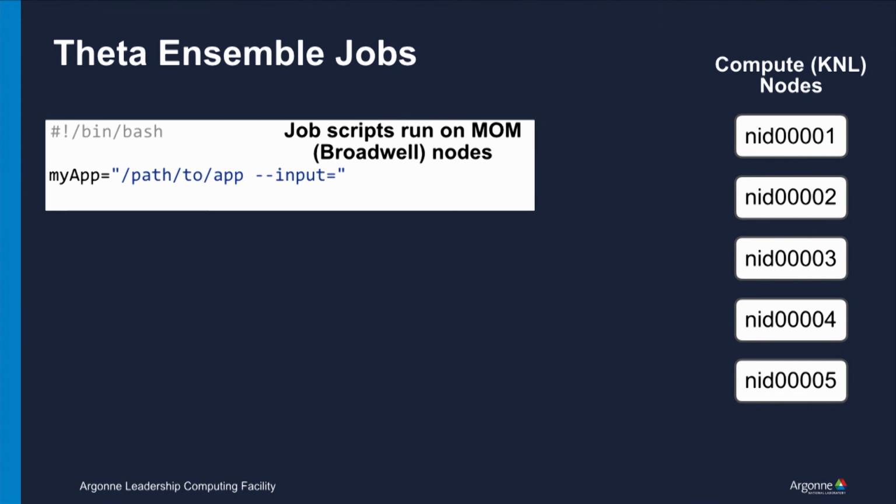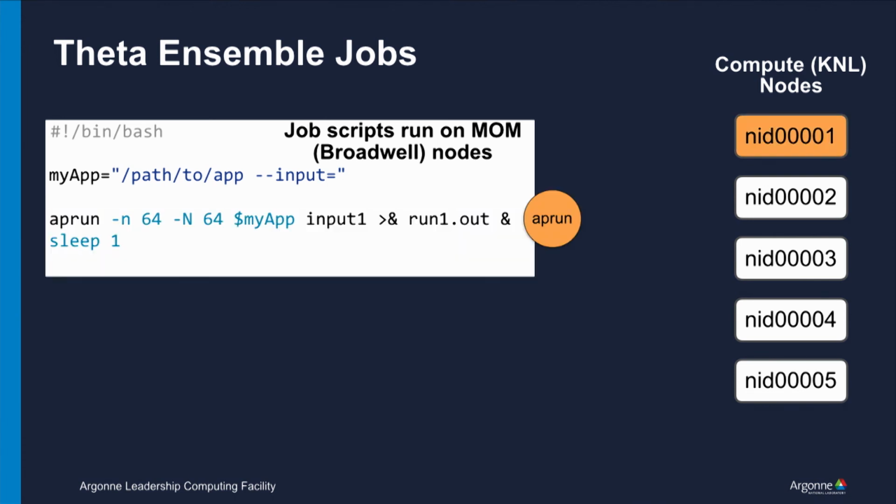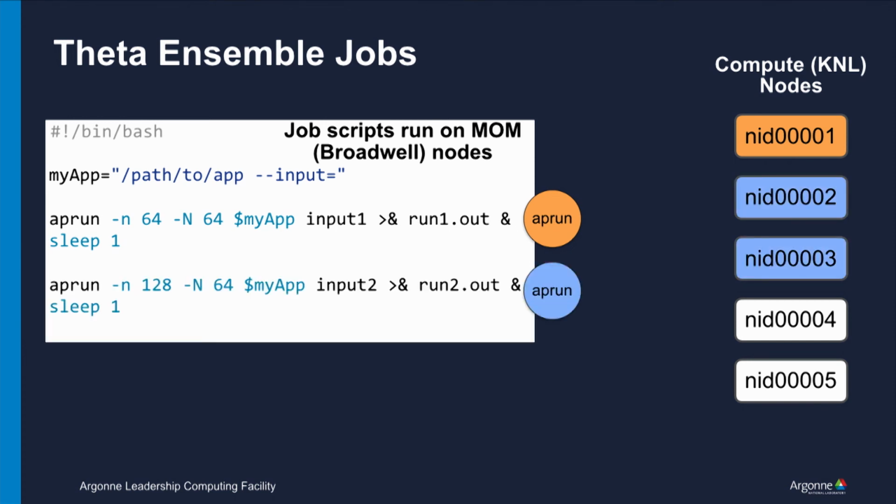So say you have something called my app, which takes some input arguments and runs. You can invoke this with a standard MPI launcher on your system, like AppRun in the case of Theta and other Cray platforms. And by backgrounding jobs, you could basically create several of these.